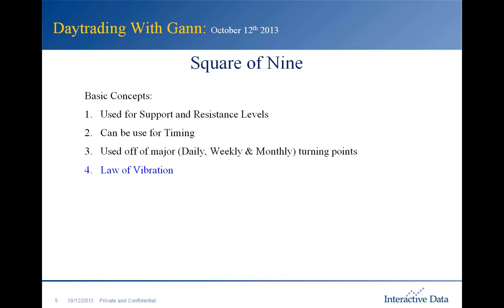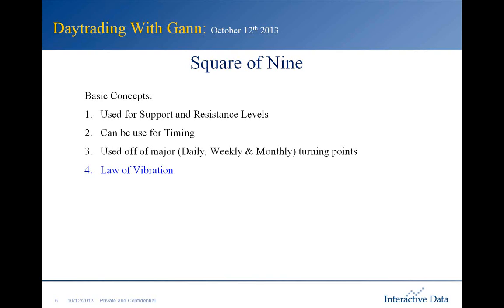Now, when we talk about the law of vibration, one of the things I use to describe this is to think about throwing rocks into a body of water. Whenever you're standing on the shore and you throw a rock into the water, as soon as it hits, it generates a set of ripples. Those ripples are proportional to the size of the rock.